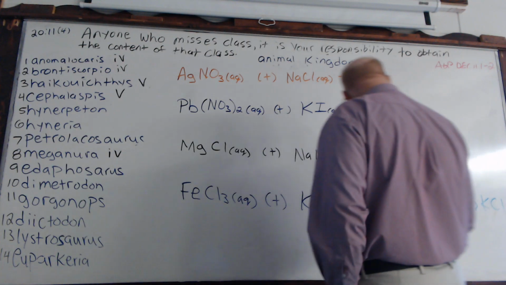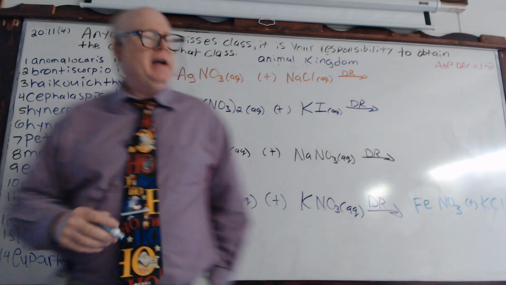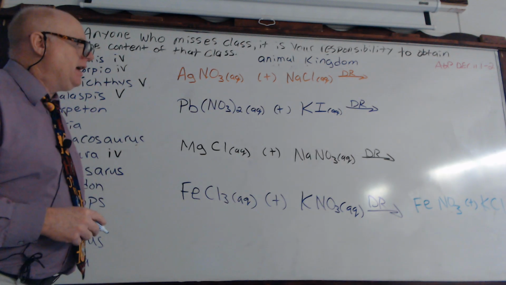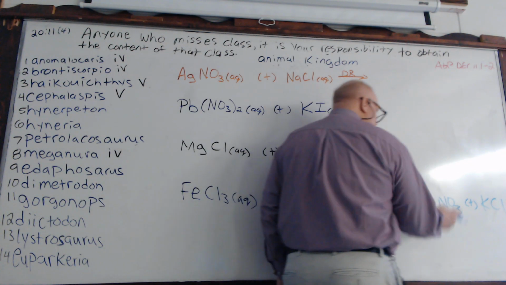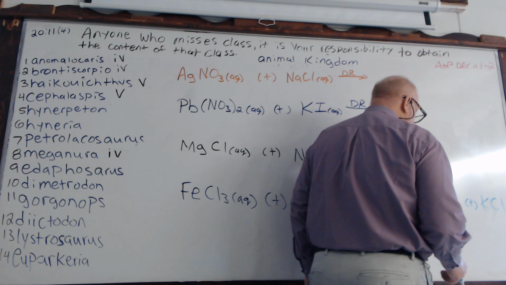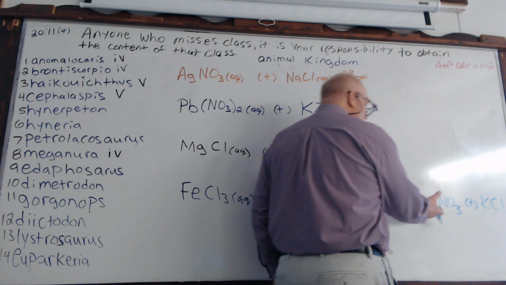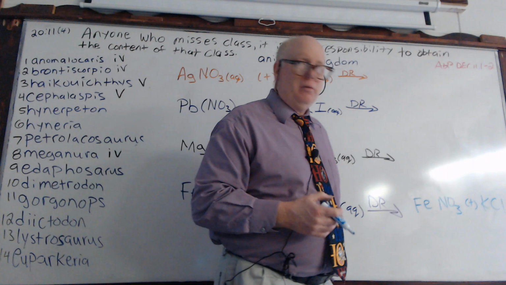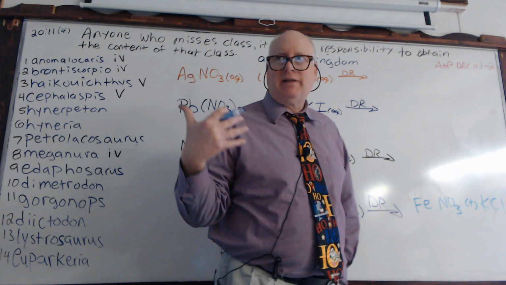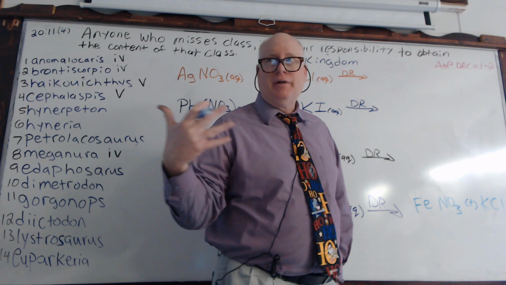So why would that tell us that we're not going to get a reaction over here? Because what do we know about nitrates? Do we have mercury, lead, or silver here? No. So that nitrate's going to remain soluble unless you have those three.